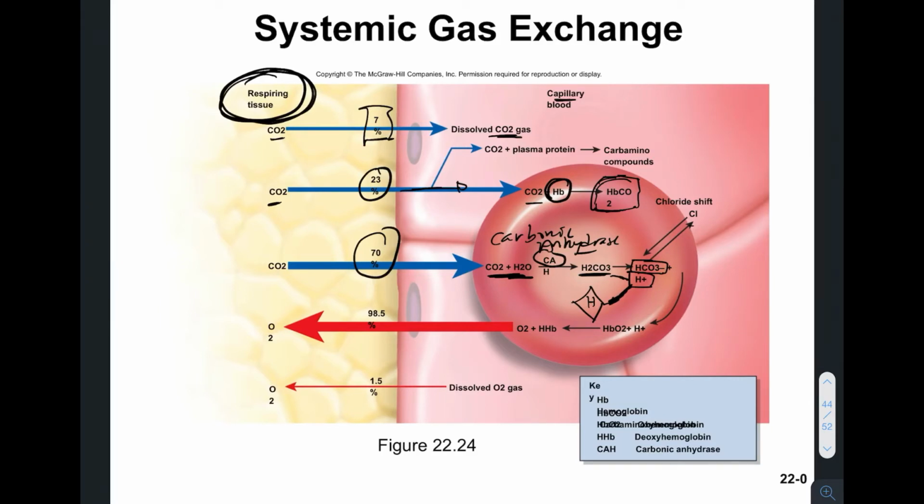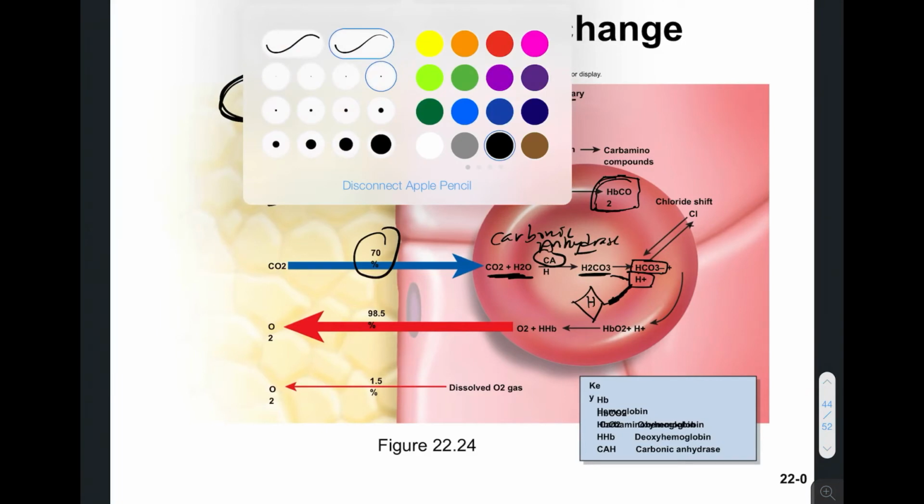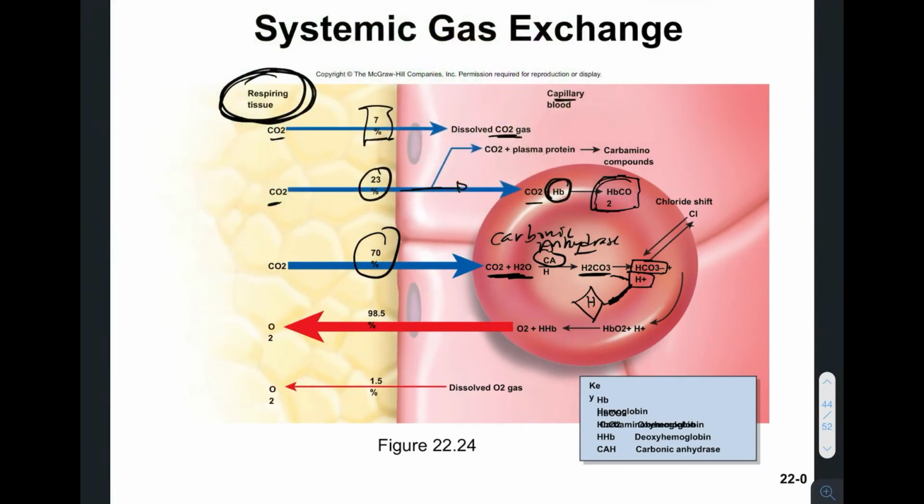What about the bicarb? So realize that the bicarb has to get pushed out of the RBC because it is known as the plasma buffer. So we want the HCO3- to get basically pushed out of the RBC and go into the plasma to act as a buffer.